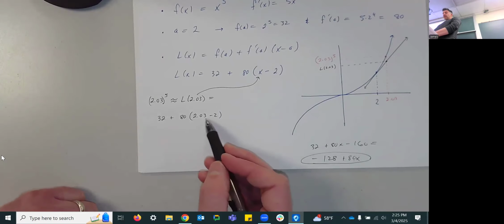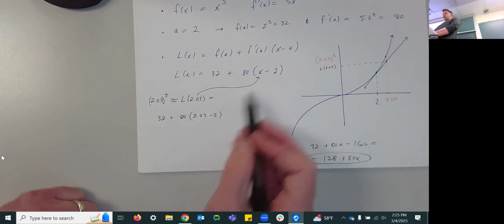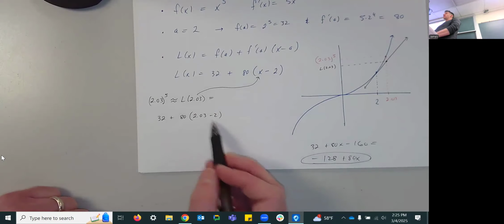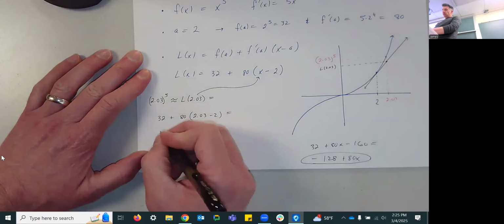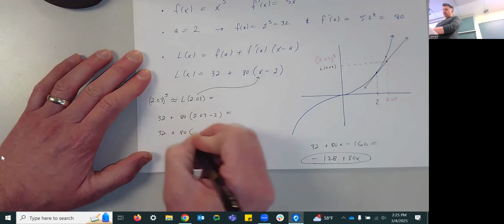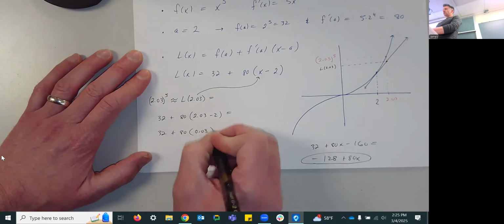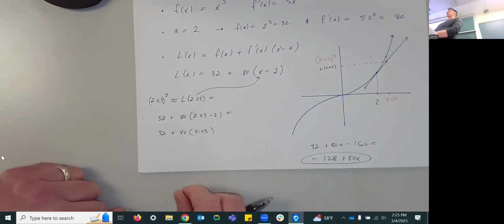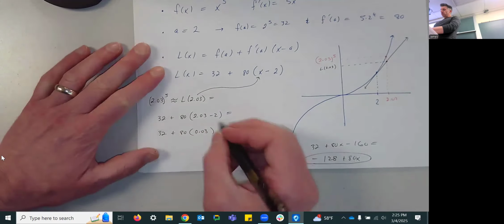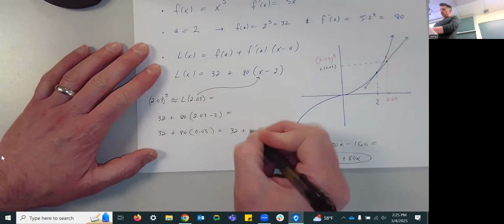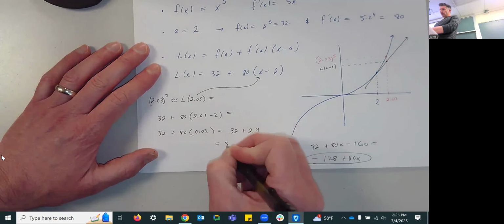Whereas if I just leave it like this and plug in 2.03, it's easier to do the arithmetic. This is just going to end up being 32 plus 80 times 0.03. 80 times 3 is 240, and move the decimal over two places, so it's 2.4. This is 32 plus 2.4, which is 34.4.